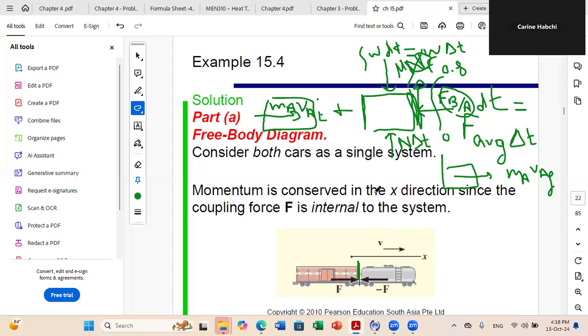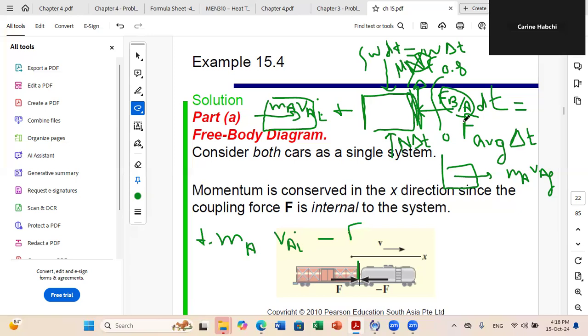So now, once we draw the diagrams, we can apply the principle of linear impulse and momentum along the x direction. So what can we write? We can write plus MA VA initial in x minus F average.